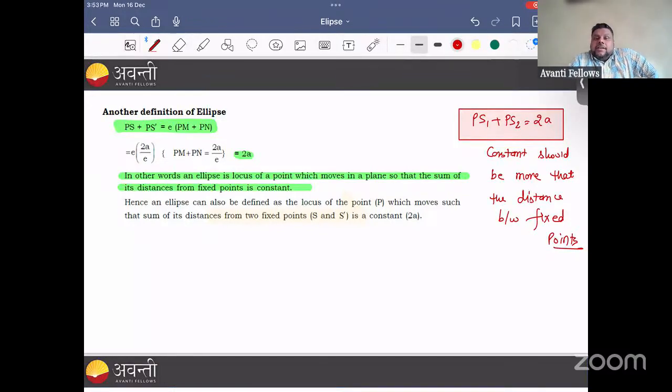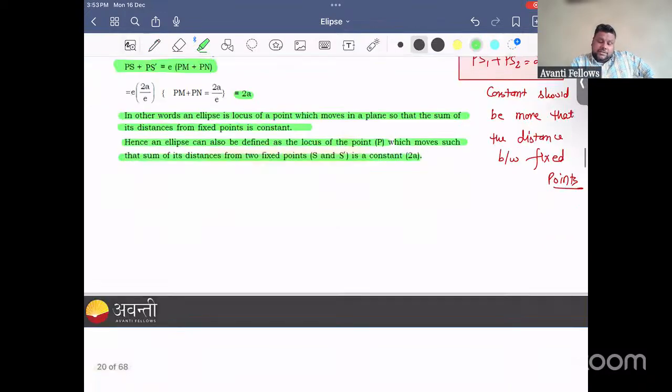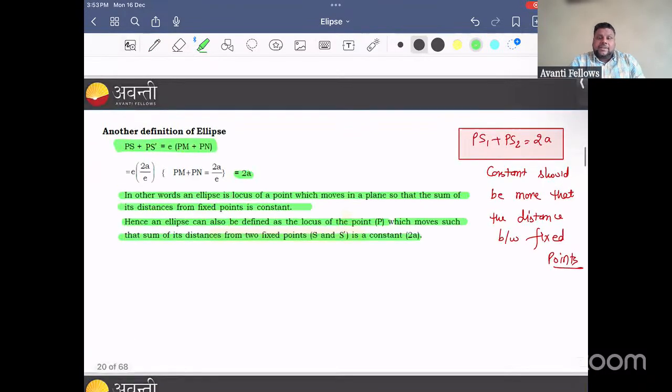And definitely, for an ellipse, S1 and S2 are the foci. The distance between the foci comes to 2ae, and definitely this 2ae is less than 2a. Got it? Hence, an ellipse is also defined as the locus of a point P which moves so that the sum of its distances from two fixed points is always constant. Fair enough? Any doubt, anybody?